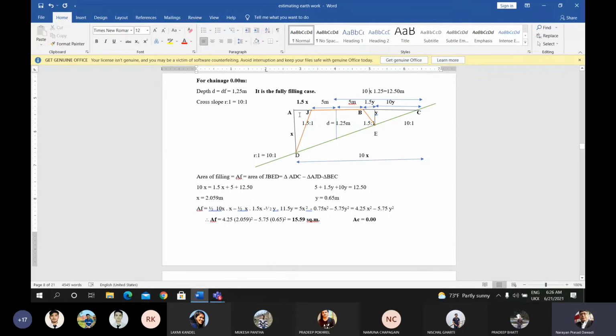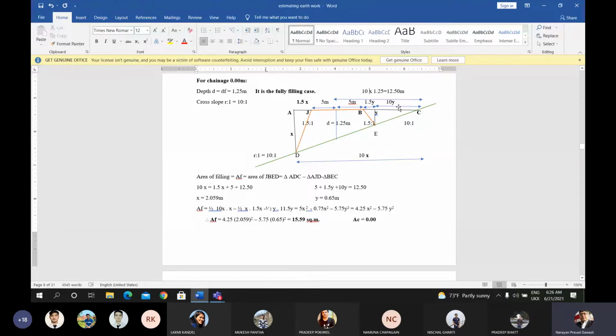Now for the section area JBED, this area will be the area of triangle ACD minus the area of triangle ADJ and the area of triangle BEC. From the big triangle, if you deduct the area of AJD and the area of BEC, then you can find the area of JBED, the trapezoidal shape.